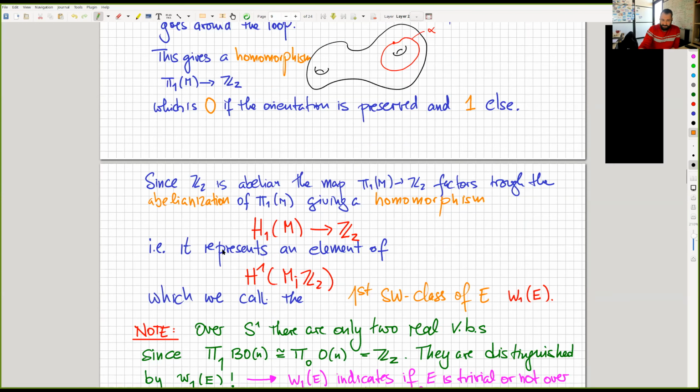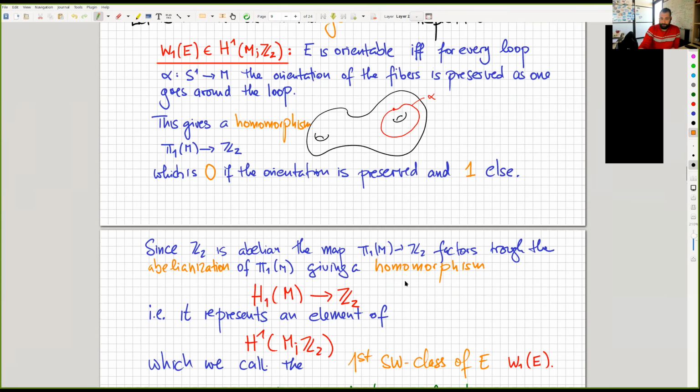And this represents then an element in the first homology group of M with coefficients in Z2. And this homomorphism is called the first Stiefel-Whitney class.